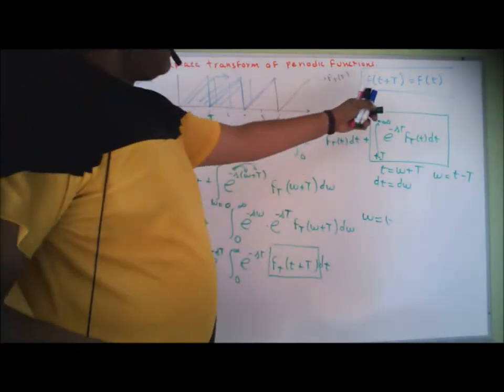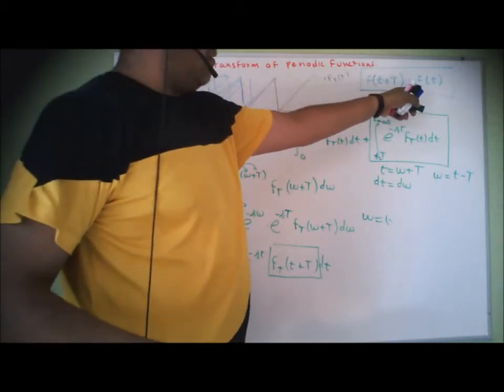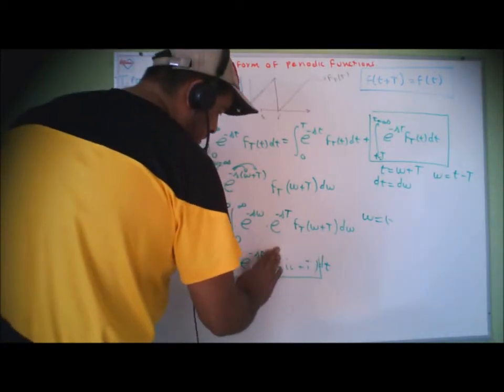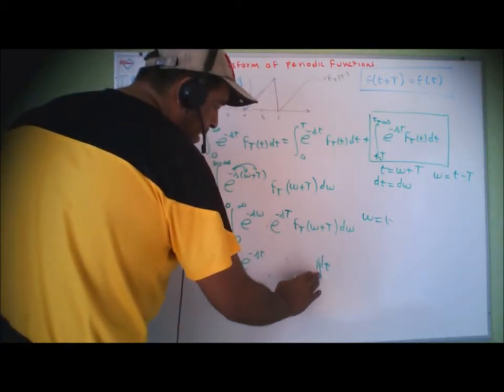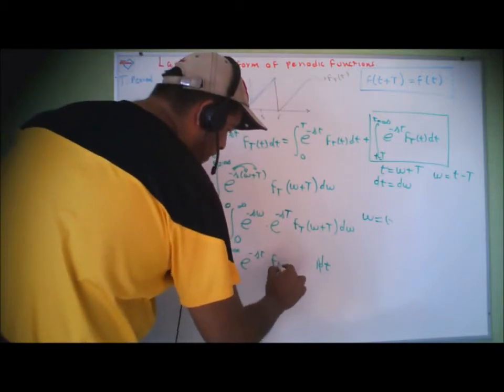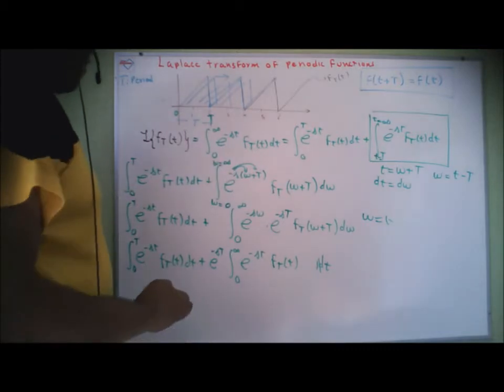Well, f of t plus one exact period is equal to the same function. So we can replace this simply by f of t.